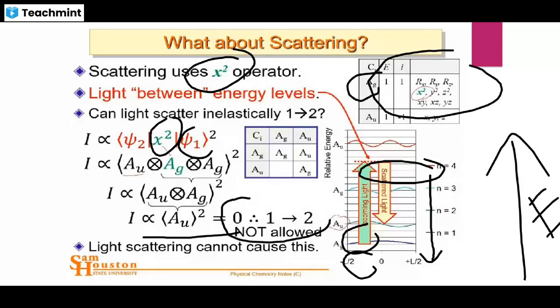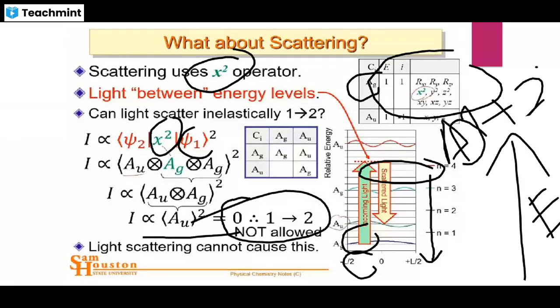That is why for scattering the transition is +2, like that. For delta J, the rotational energy change is plus or minus 2. Plus 2 means Stokes, minus 2 means anti-Stokes.